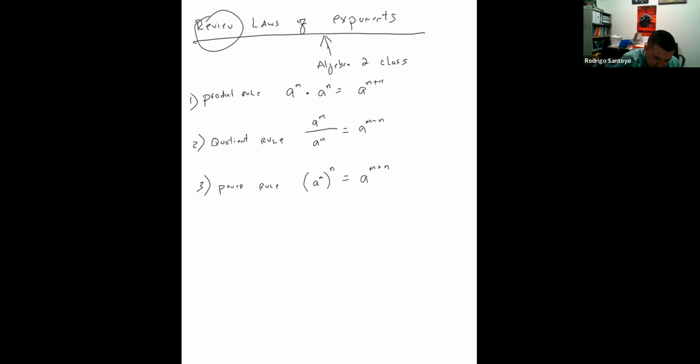Another version of the power rule, right? Say power rule here, power rule there, is maybe if we had it in like a fraction or two terms in there, ab to the power of m means that we give each one of them that m exponent. Another version of it is maybe if it looks like a fraction. Once again, we give each one of those terms, one on the top and one on the bottom, that exponent.